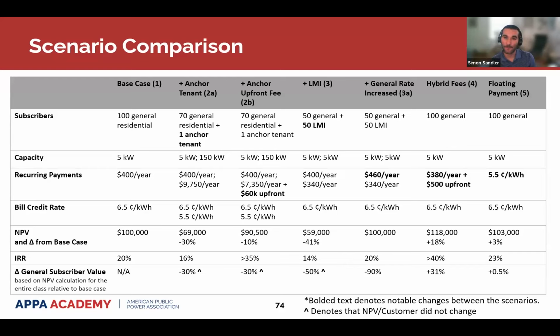So it would help the project financials overall, which you could then indirectly pass through to the customer via a lower subscription rate if you wanted. But I didn't include RECs in this model because I think it's too nefarious to put a number on it that's real and that everyone can agree upon. And it can change year to year, which can be hard. So not included in these models, but absolutely can be included in SAM in the models that you would like to do if you want to play with this.